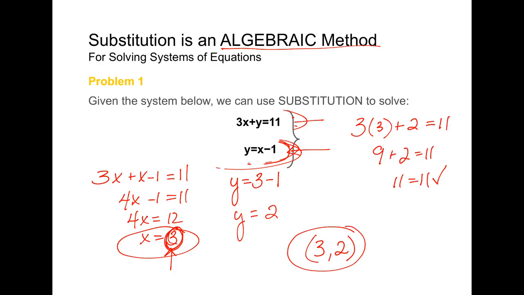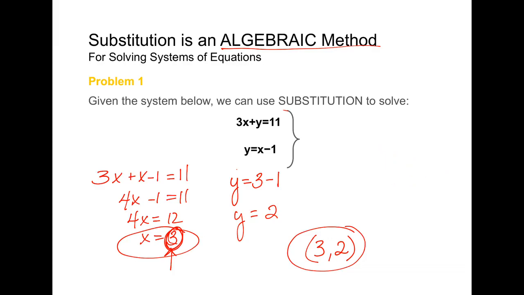Okay, so let's summarize what we just did here. The first thing we did was we took the expression x minus 1, which was equal to y, and we substituted that expression into the other equation and solved for y. So we substituted and solved. Then we had a value for x.